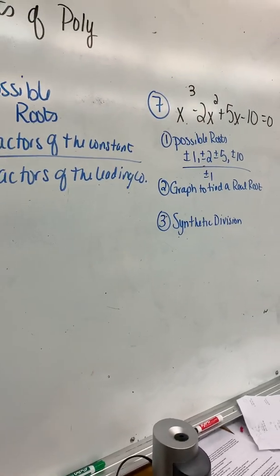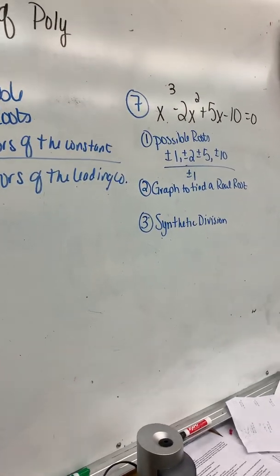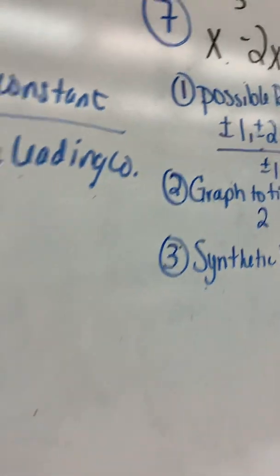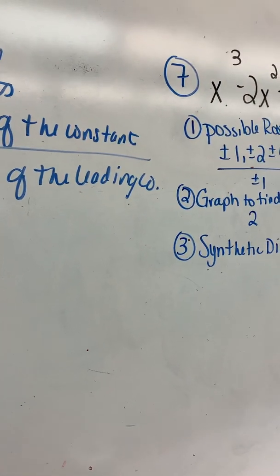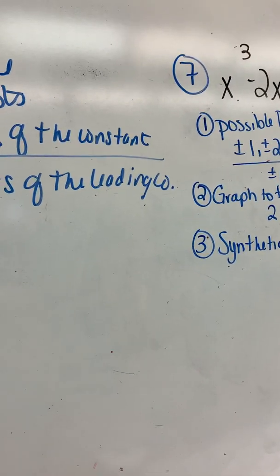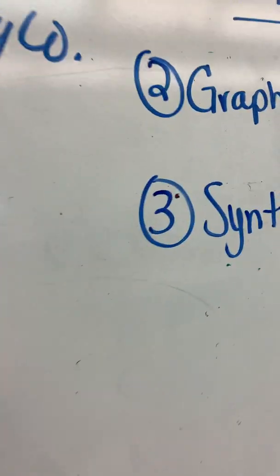Where does it cross? 2. So my real root is at 2. So here comes your synthetic division so that we can figure out what our other 2 roots are, because you should have 3 total intercepts or 3 total roots.